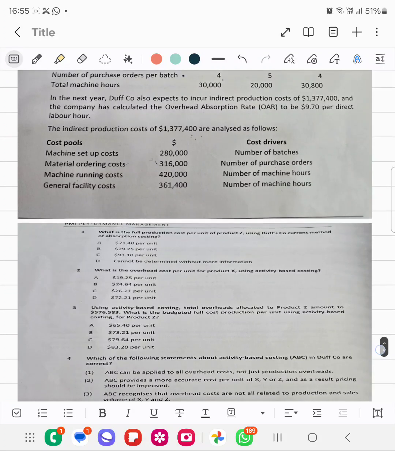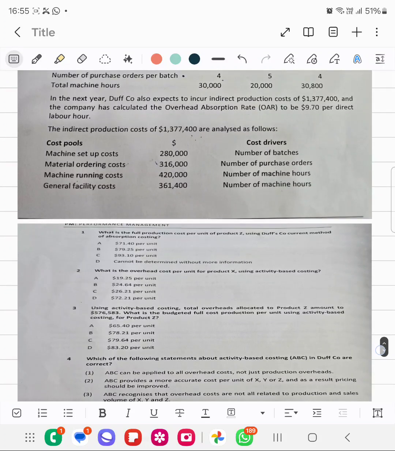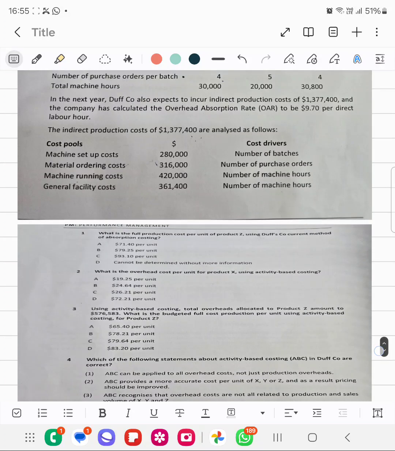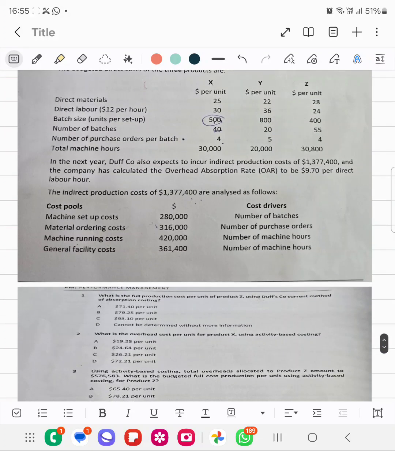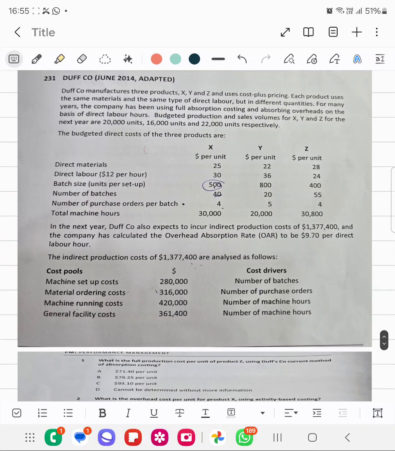So what is the full production cost per unit of product Z using Duff Company's current method? What is the current method? The current method is calculating the overhead cost based on the traditional overhead absorption rate. Now it is asking us for the full production cost. What do we mean by full production cost?